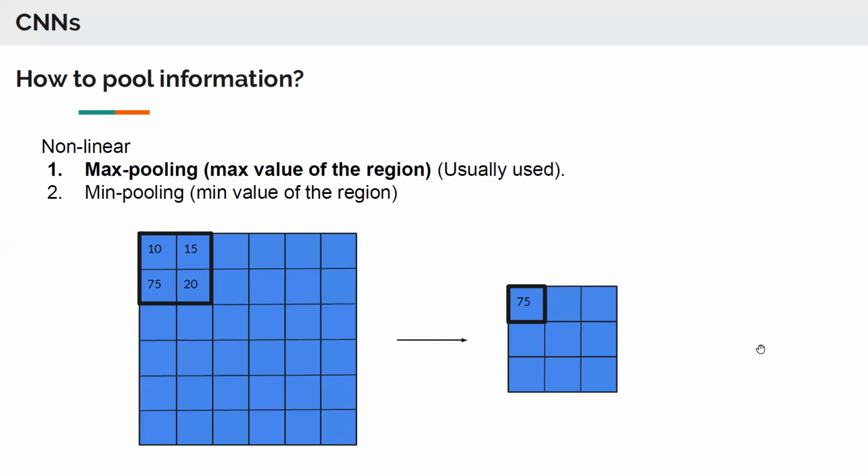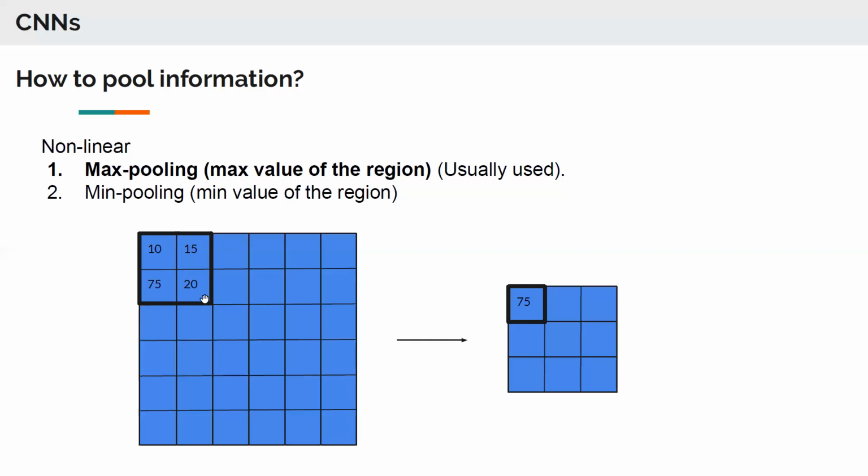There are also nonlinear ways of doing this, and an example is max pooling. Max pooling looks at the region that we define, looks at the highest value in that region, and simply picks that value to represent the entire region. So this 75 goes and sits here, and all of these values are discarded.